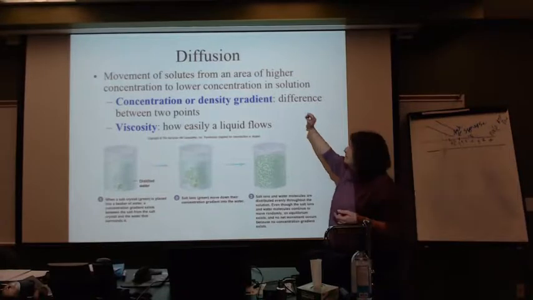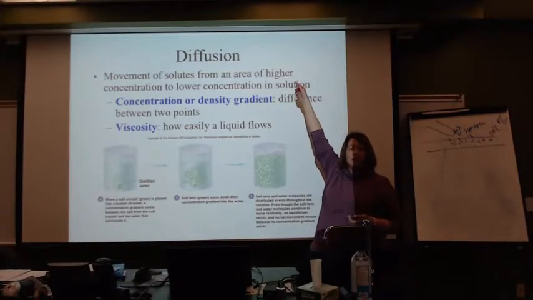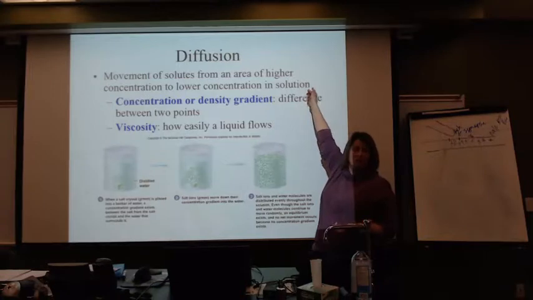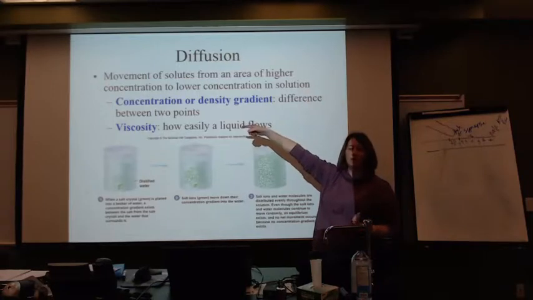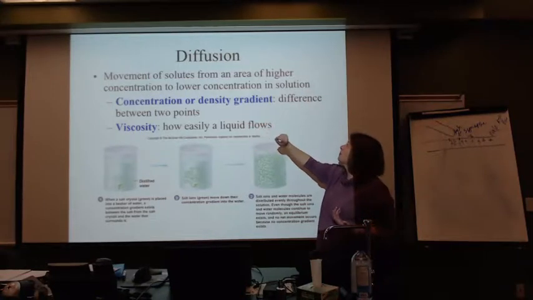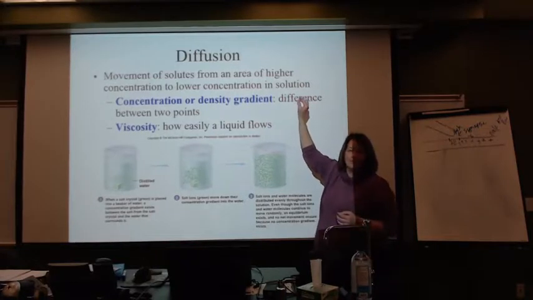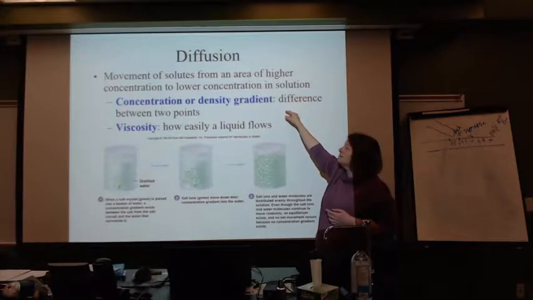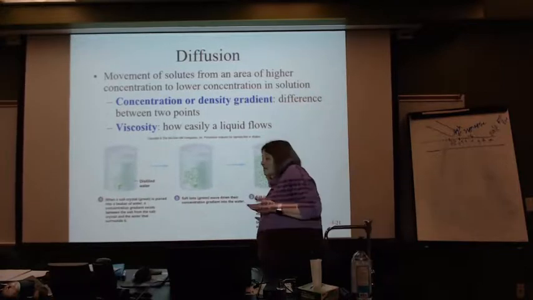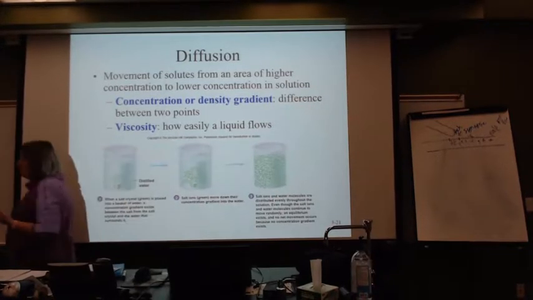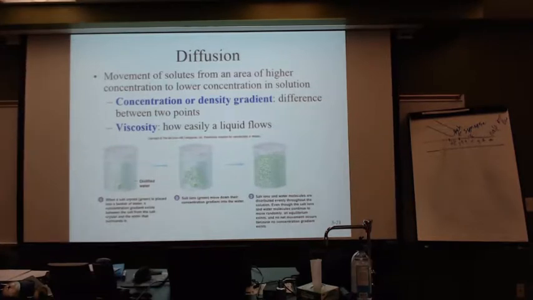Their movement is simply from the area of high concentration to low concentration. What this means is the materials simply move down their concentration gradient. They just simply go from high to low.